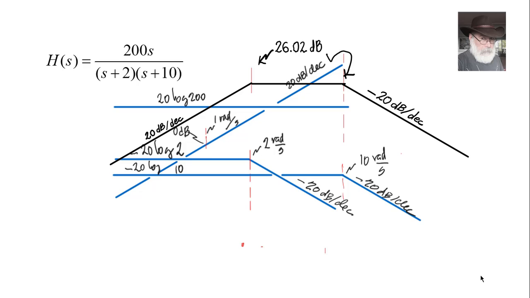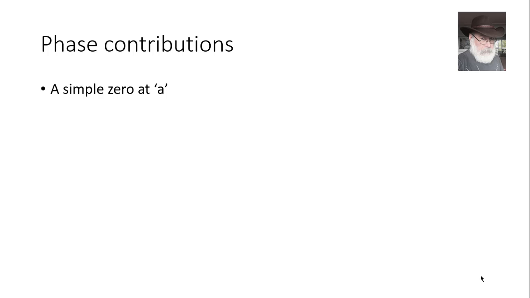Before we find the phase plot of this transfer function, let's review what are the contributions of simple zeros, simple poles, double zeros, double poles. A simple zero at a frequency A, as in this case s plus A, has contributions that change slope at two different frequencies.